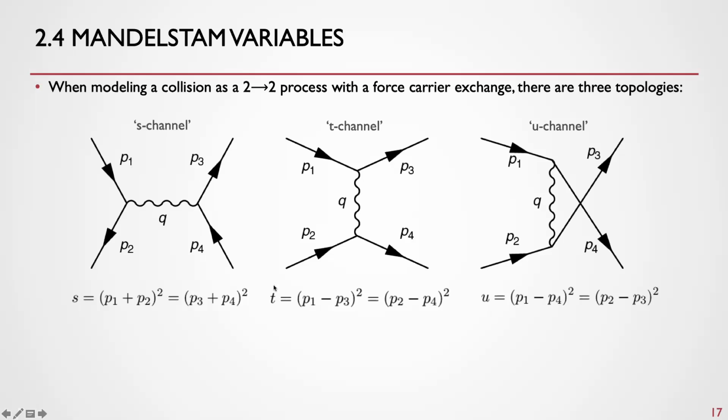So the Lorentz invariant t is (p1 − p3)², which is at the same time (p2 − p4)². And then something that is not used usually: you can also flip the outgoing particles, and then the third Lorentz invariant would be (p1 − p4)².